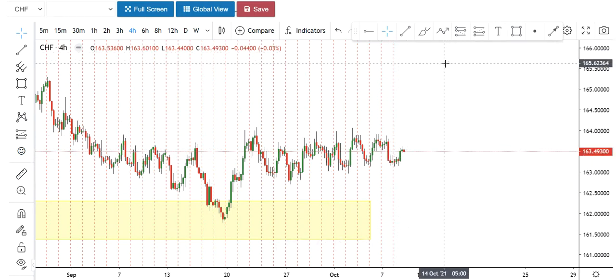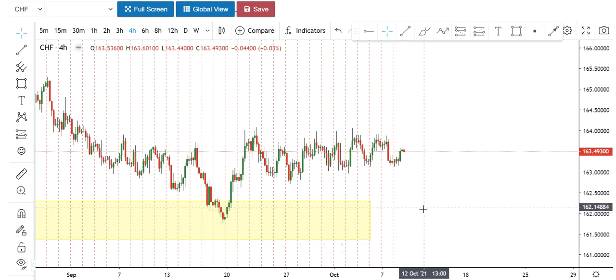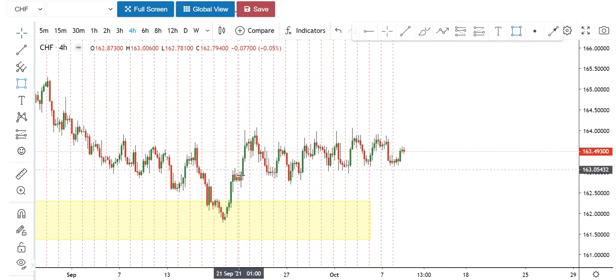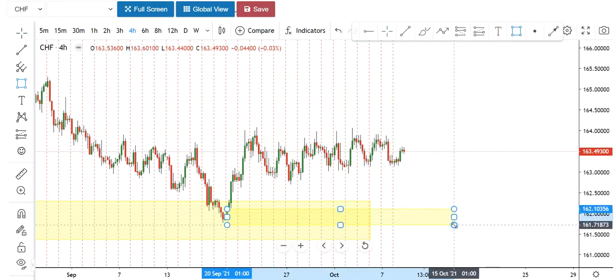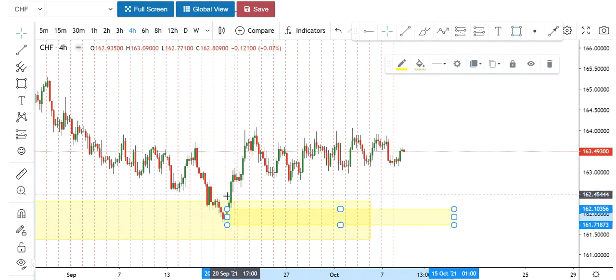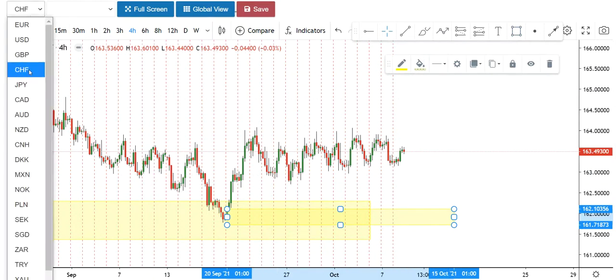Then maybe we move to the upside, but we are still expecting a retracement so that price might come to respect this zone here or any of these zones, then move to the upside. That's what we have for the Swiss franc.